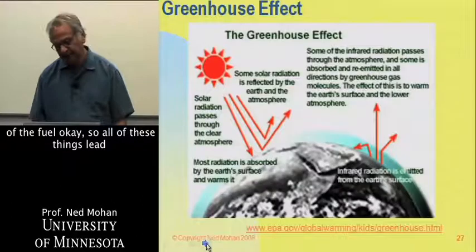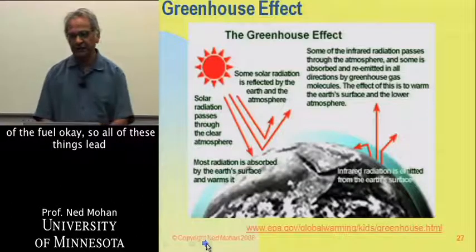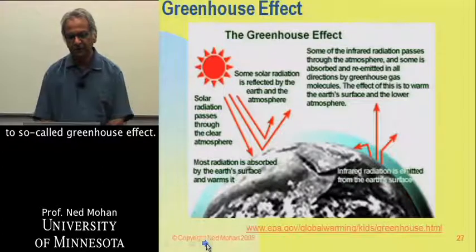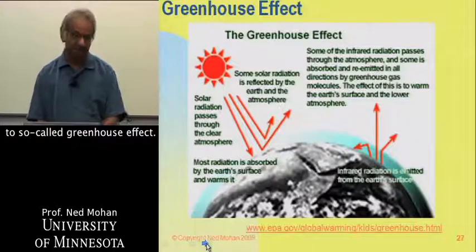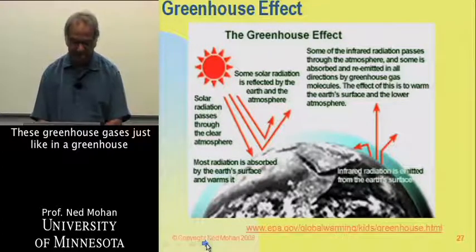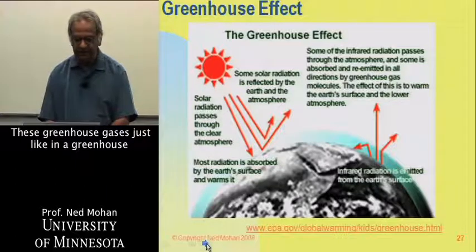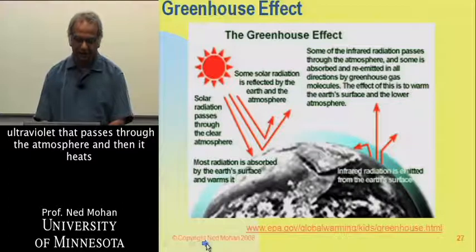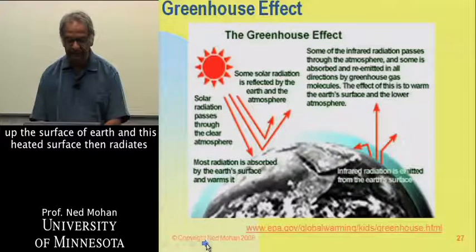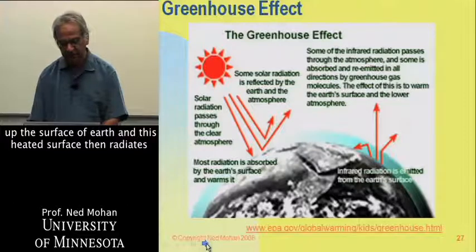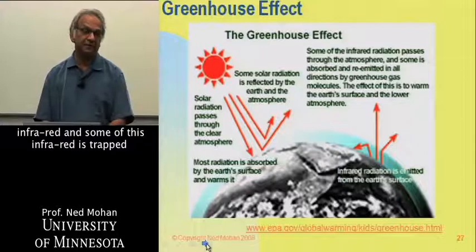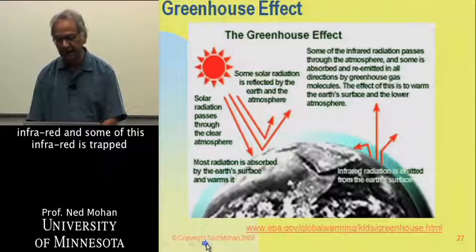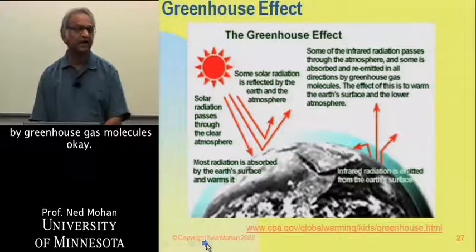So all of these things lead to the so-called greenhouse effect, these greenhouse gases. And just like in a greenhouse, when you have this solar radiation, ultraviolet, that passes through the atmosphere, it heats up the surface of Earth, and this heated surface then radiates infrared. And some of this infrared is trapped by greenhouse gas molecules.